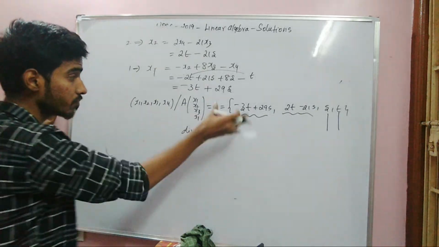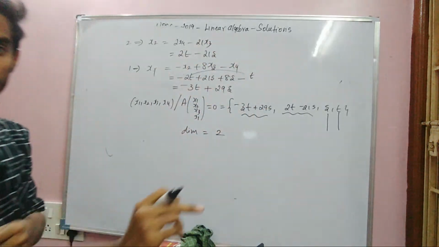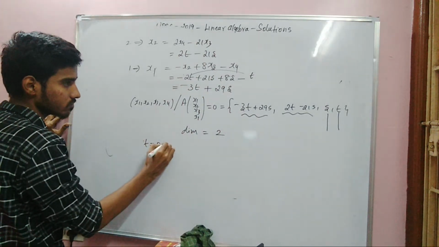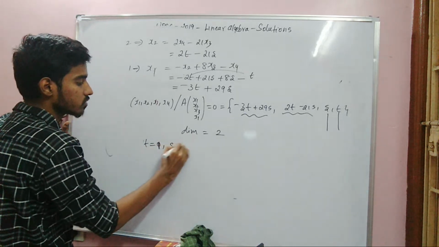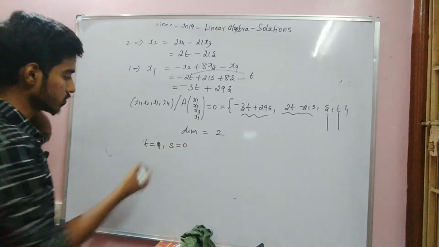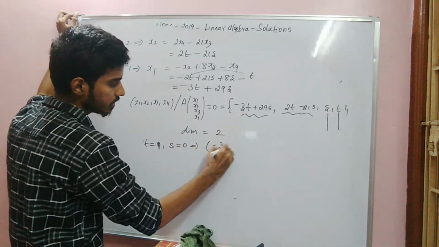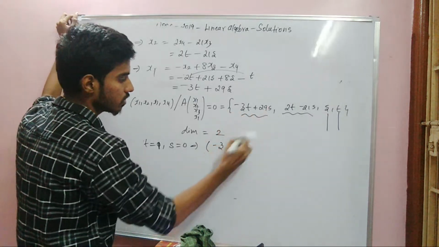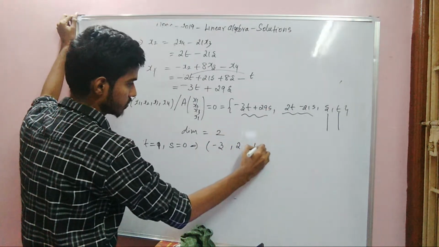What this means is, if you just substitute random values, let us substitute t is equal to 1, s is equal to 0. So we will have minus 3 into 1 plus 0, and here we will have 2, and here we will have s and t as 0 and 1.